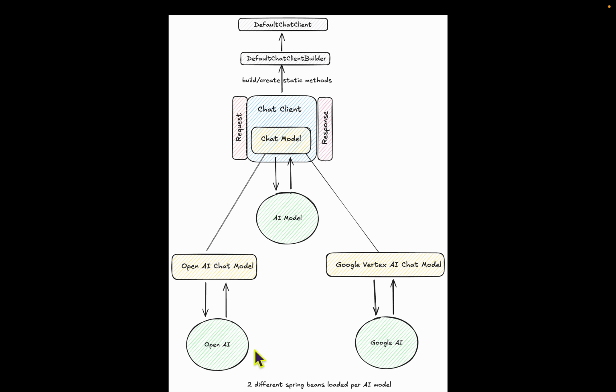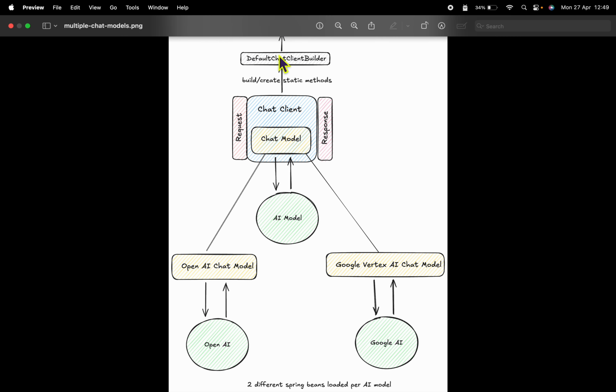Any LLM providers like OpenAI, Google AI or Ollama provide APIs like REST endpoints to interact with them, so that we can send them a request to provide us some data, they can process the request inside their model, and give us the response to our chat model. That chat model will give the response back to the default chat client, and then the chat client response we can send to the user.